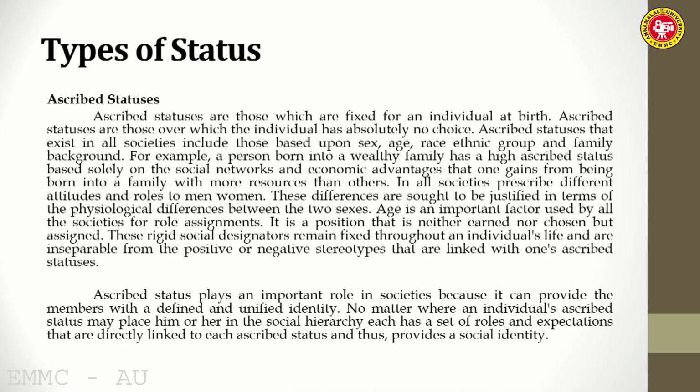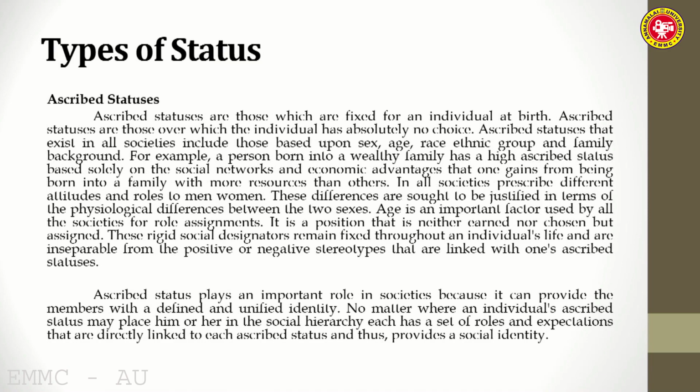Ascribed statuses are those over which the individual has absolutely no choice. Ascribed statuses that exist in all societies include those based upon sex, age, race, ethnic group and family background.